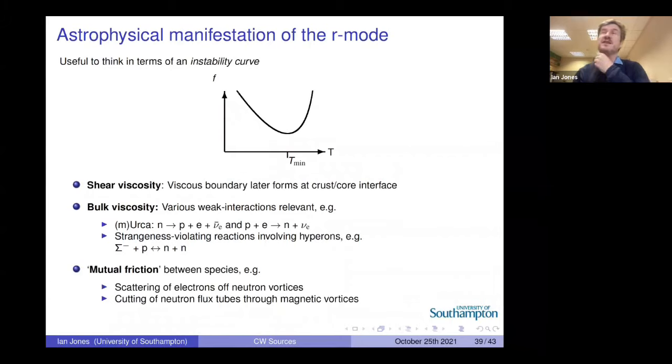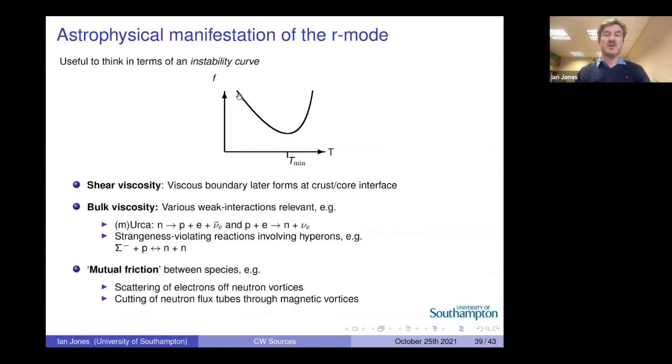And it's still a matter of debate as to whether or not these damping mechanisms win out in neutron stars, or if the R mode wins out, and to what extent. One of the ways of thinking about this is to look at this curve here. On the horizontal axis, we've got the temperature of our neutron star. On the vertical axis, we've got the spin frequency.